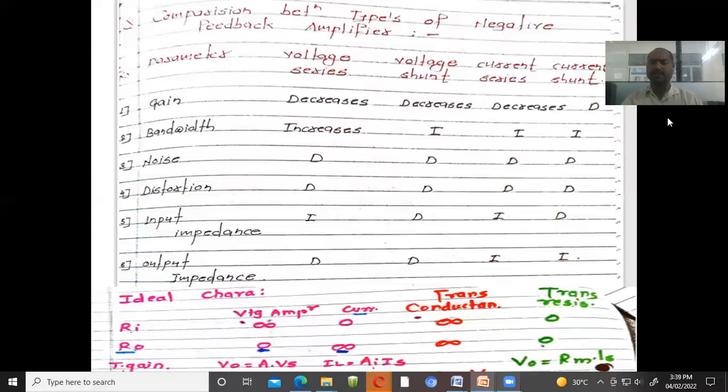We have discussed the parameters and their effects. That is the revised part, but I may explain again. The first parameter is gain.